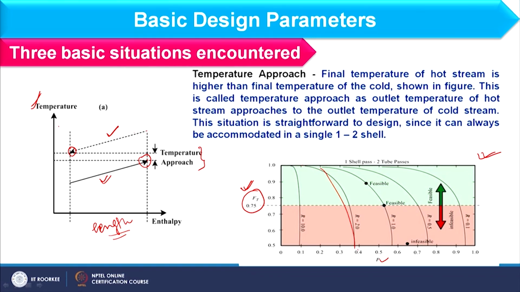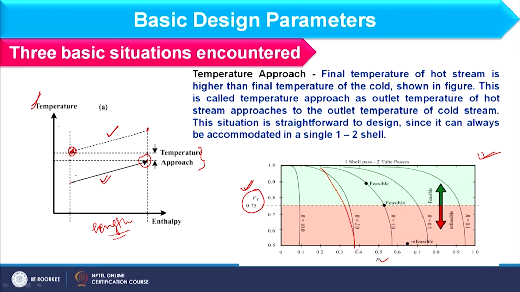So, if I consider a 1-2 shell and tube heat exchanger, and if the hot fluid is moving in the shell side, because one pass is there, it will enter here and exit at this point, right. Now, what will happen with the cold fluid? Cold fluid will move in tubes, and that is 2 pass, right. But the outlet temperature of the cold fluid will remain at this point only.